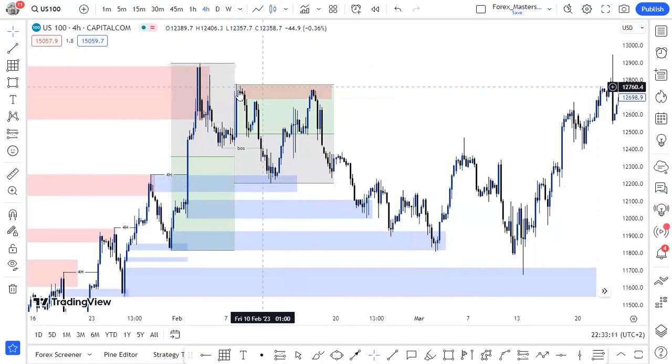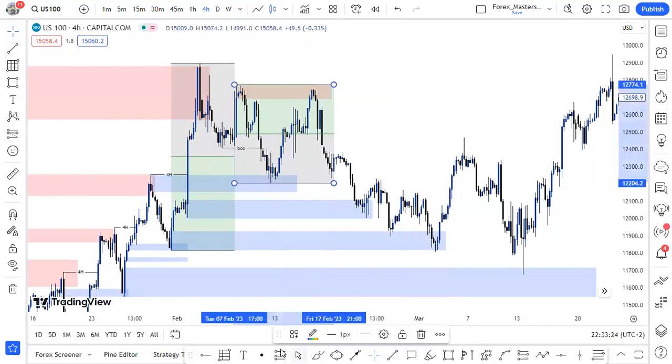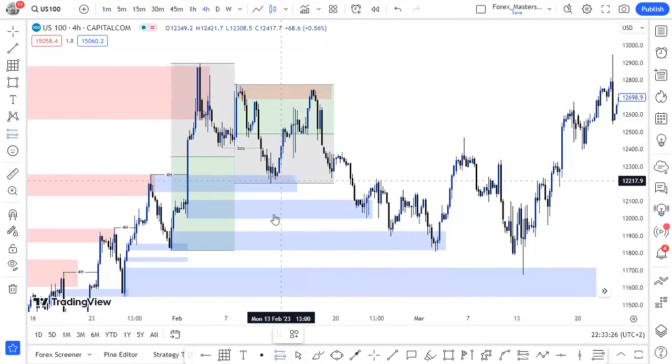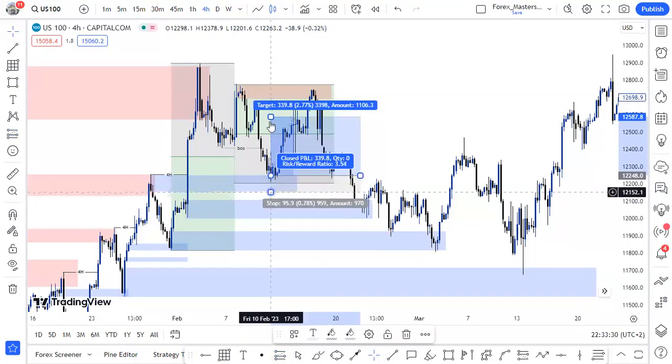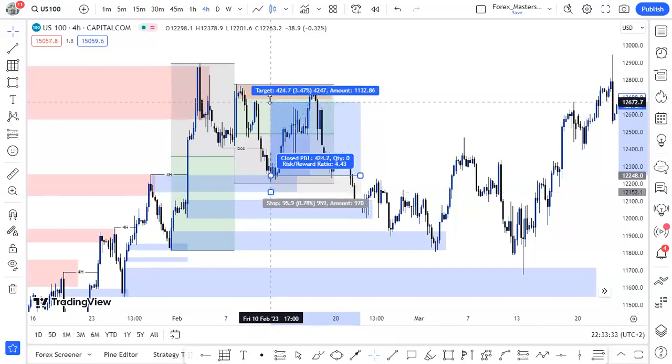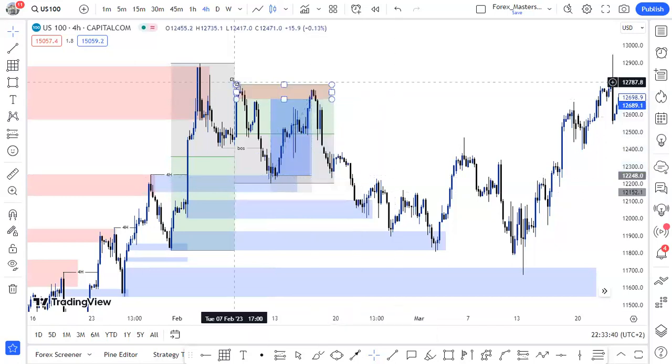But then if I begin to see internal structure beginning to form, then I'll have limited expectations. You get it? Meaning that even when I'm buying right here, based on lower time frame confirmation, looking at what structure is presenting, I wouldn't go above this high, because at the same time, even though I'm taking this trade to the upside, I'm also taking a trade against this trend, which is pushing to the downside.